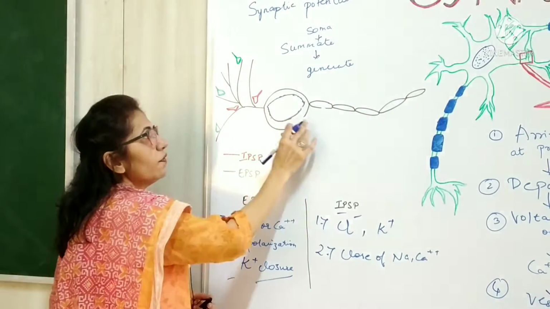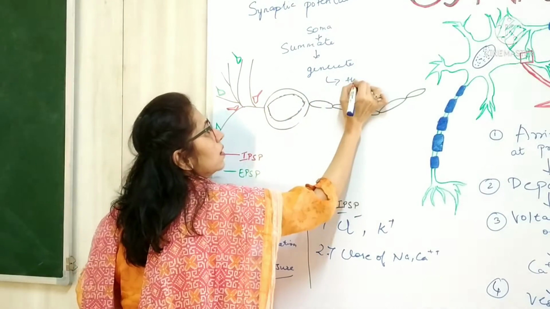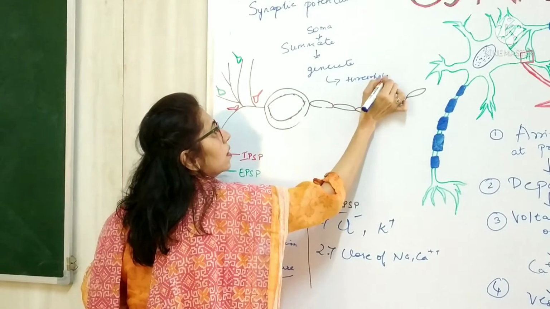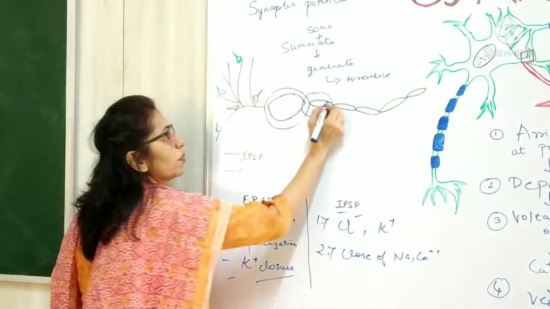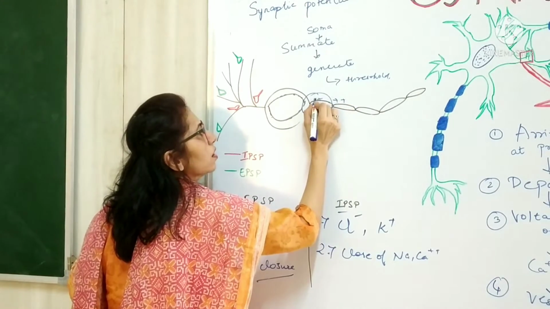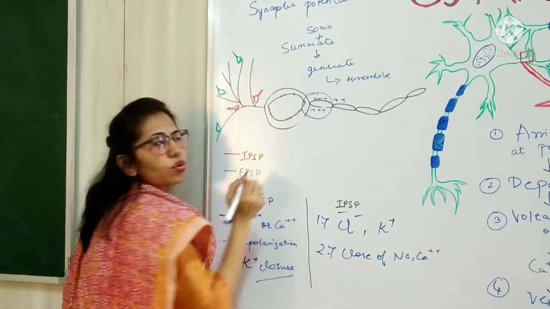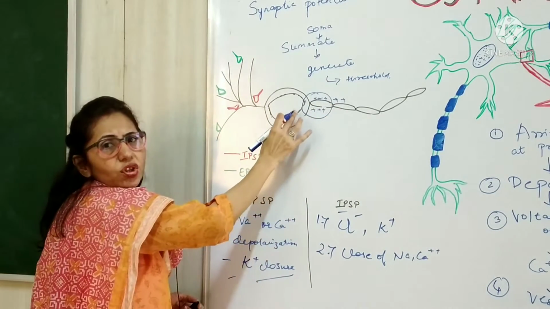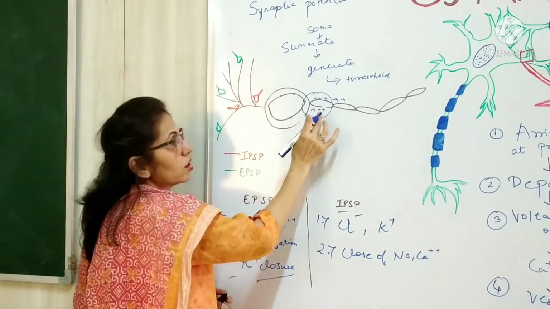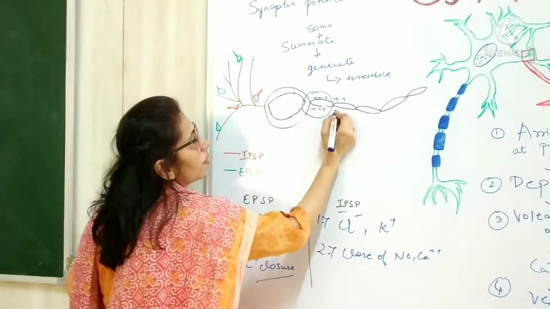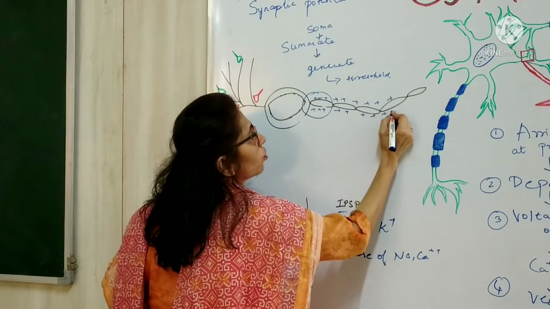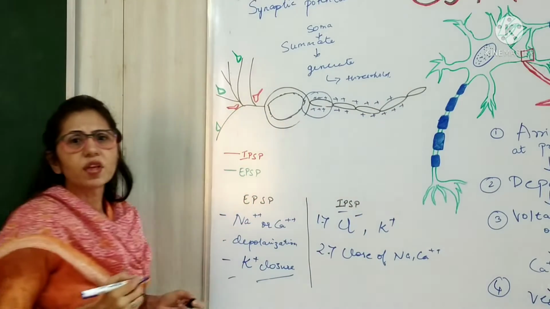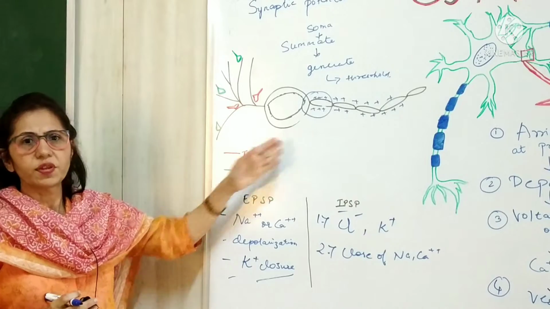Once it reaches the threshold level, it is going to stimulate the axon hillock and the initial segment and cause depolarization there, and this in turn will cause a propagated action potential in the postsynaptic neuron. So that is how the impulse is generated in the postsynaptic neuron.